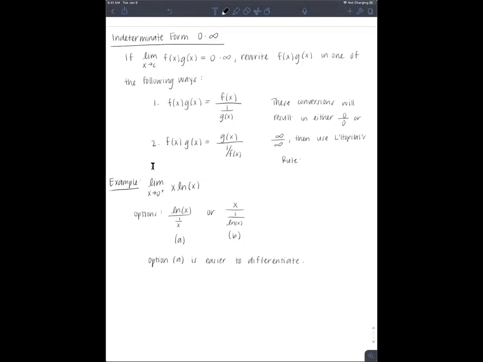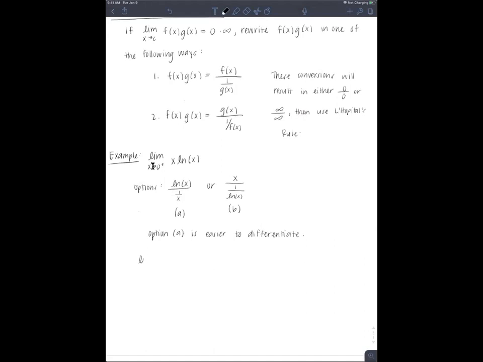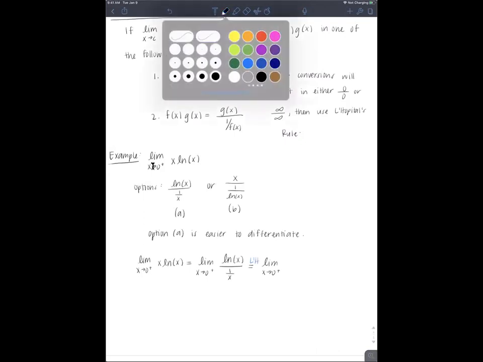Is everybody okay with these two different options and why I have them and what they're doing? Okay. So here I'm going to have the limit as x approaches 0 from the positive side of x times ln of x. Well, that's really equal to the limit as x approaches 0 from the positive side of ln of x over 1 over x. And now is when I'm going to use L'Hopital's rule. It comes in handy to write LH right here, so I know that's where L'Hopital's rule came in.